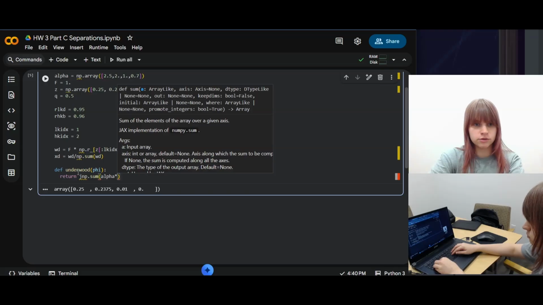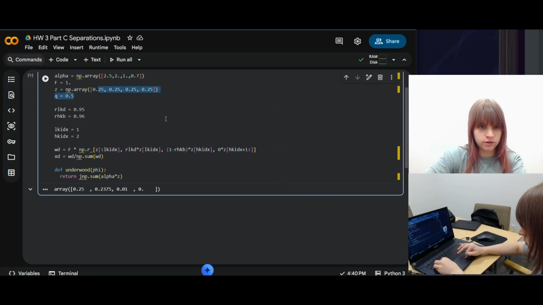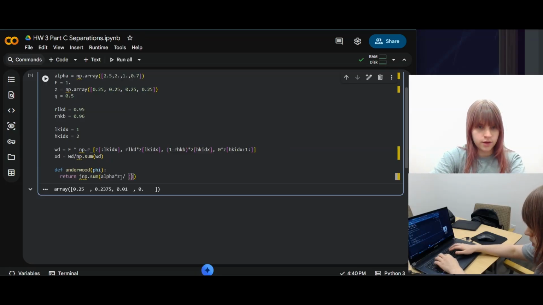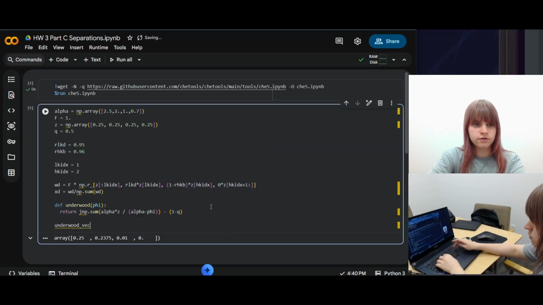Alpha, our relative volatility, times Z, which was our fractions, divided by alpha minus phi, minus 1 minus q. And then after that, we want to vectorize our Underwood calculation.